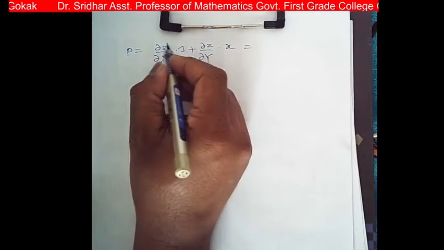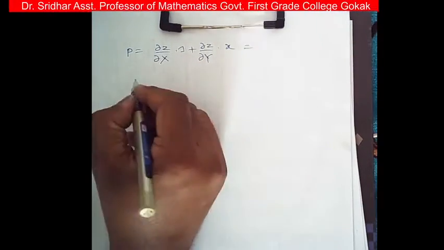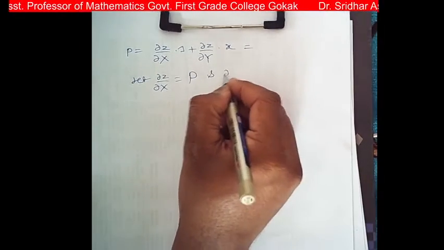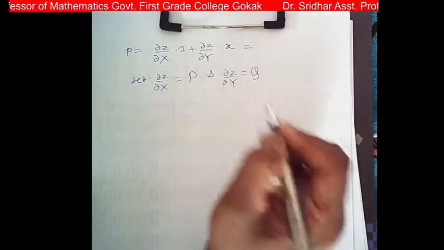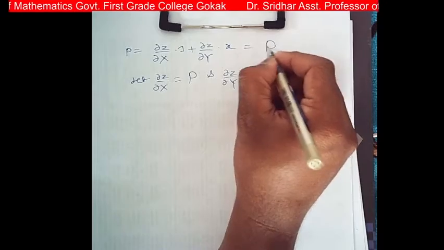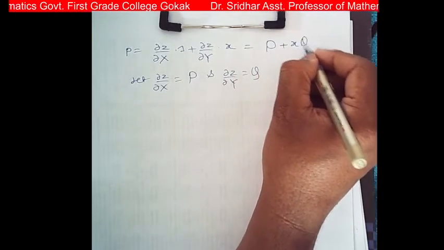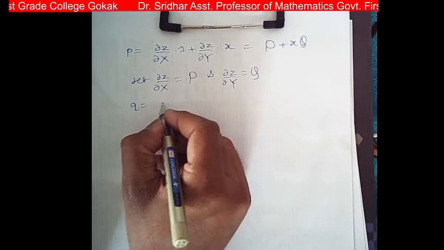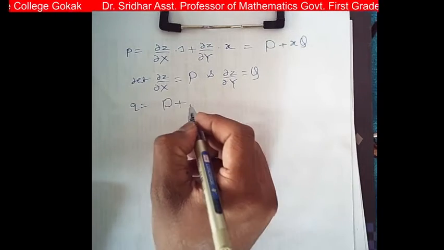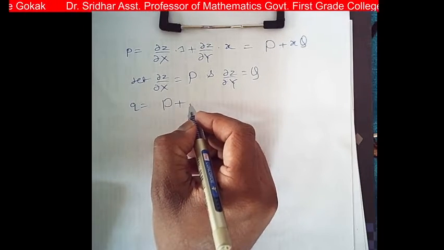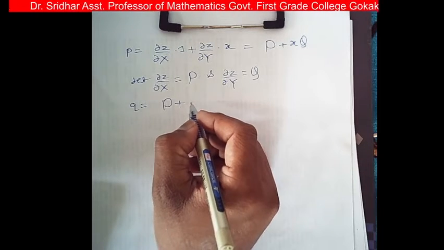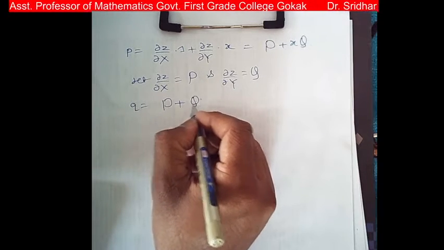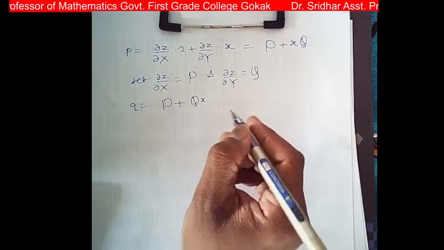So let us denote this by capital P. So let ∂z/∂X is equal to capital P and ∂z/∂Y is equal to capital Q. So then this equation becomes capital P plus x into capital Q. Similarly, q is equal to capital P plus capital Q into x.